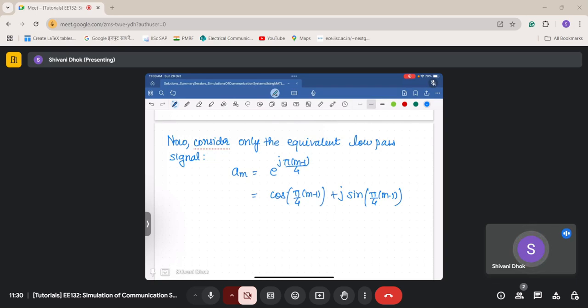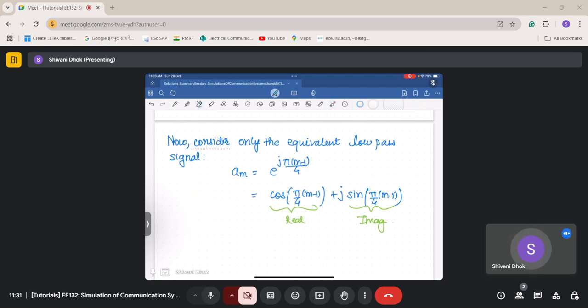So this is a complex number, and a complex number has a real part and an imaginary part. So this is its real part, this is its imaginary part. If you draw a complex plane, this is your real axis, this is your j times imaginary axis, both of them are orthogonal.